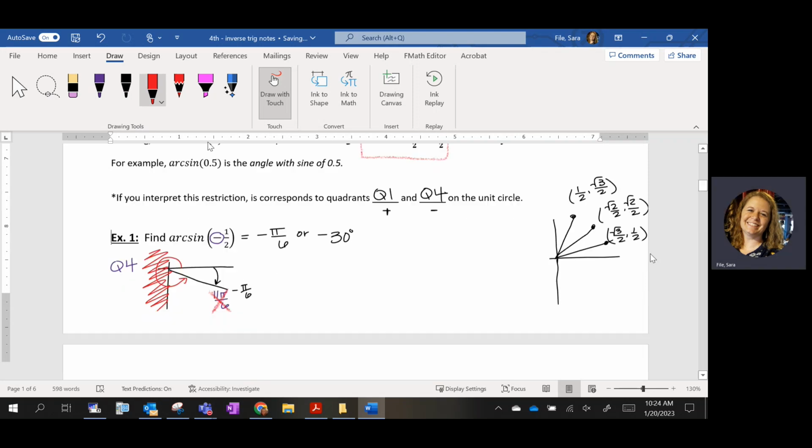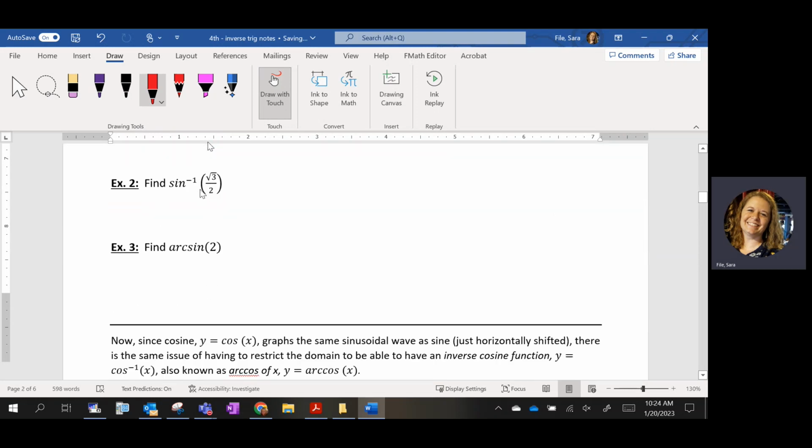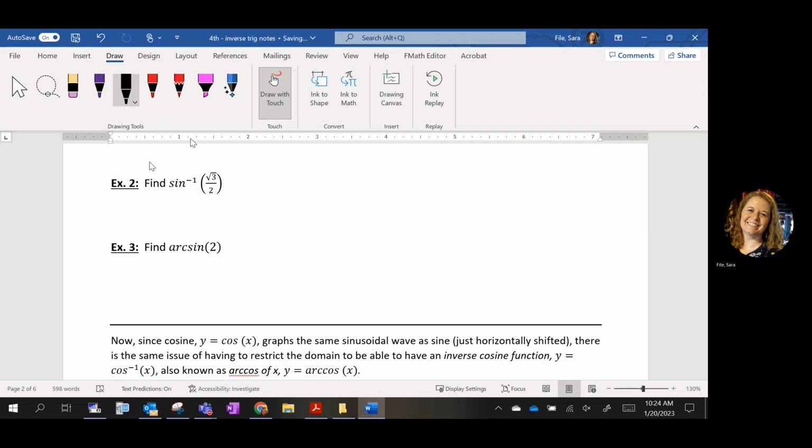All right, let's try another one. Inverse sine of √3/2. So first of all, this is a positive value. So what quadrant are we going to be getting our solution from? We should look in quadrant 1 because this is positive. And we know our answers are only going to come from quadrants 1 or 4. So it's going to come from quadrant 1.